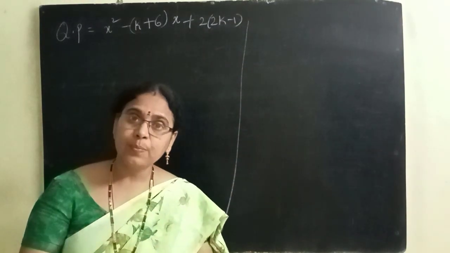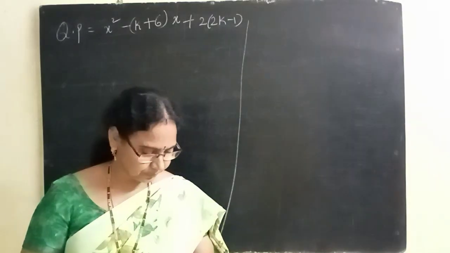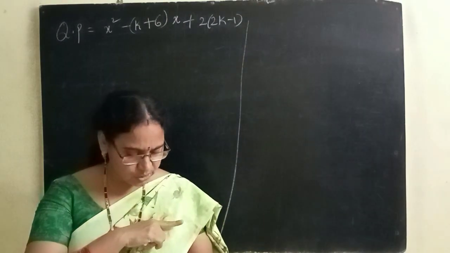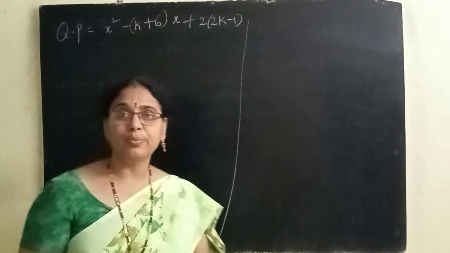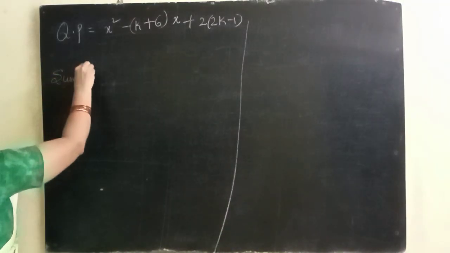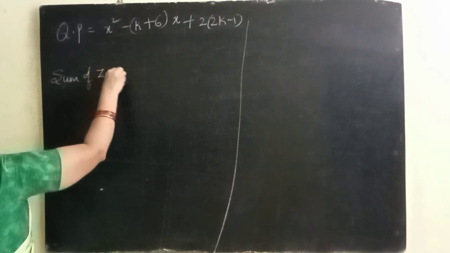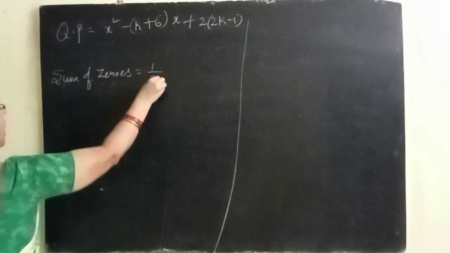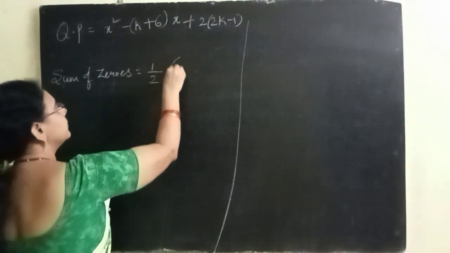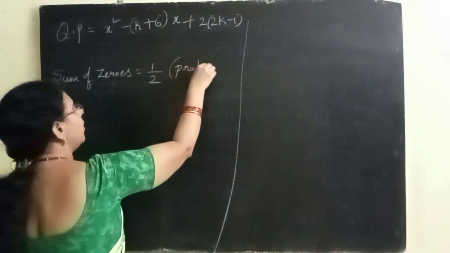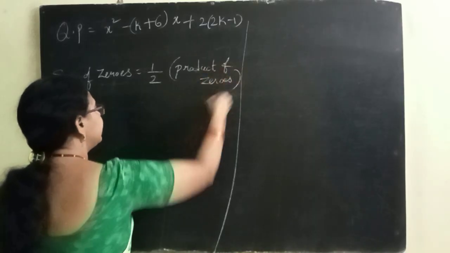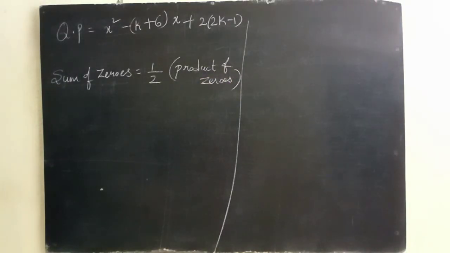The given quadratic polynomial is this one. He has given one condition: the sum of its zeros is equal to half of their product. Sum of zeros is equal to half of their product, that means product of zeros. Find the value of k.